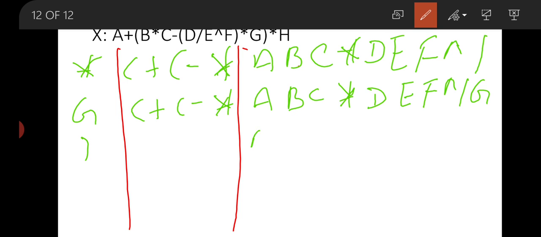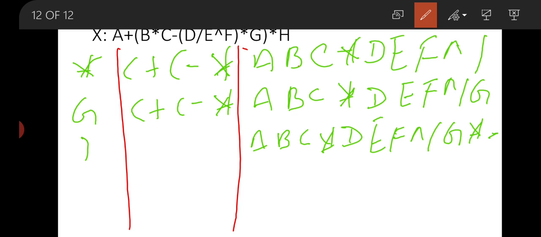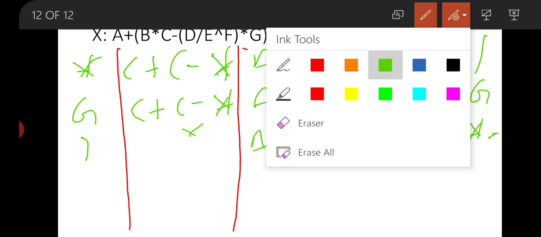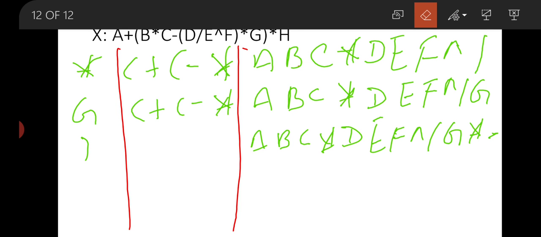Then our expression will be a b c multiplied by d e f exponent division g, and we are going to pop from the top of the stack. On the top we have multiplication, then we have the minus operator, the subtraction operator, and we have deleted the left parenthesis. हमें left parenthesis तक scan करना है, that's why we have to delete the left parenthesis, and our stack status will be left parenthesis and plus.